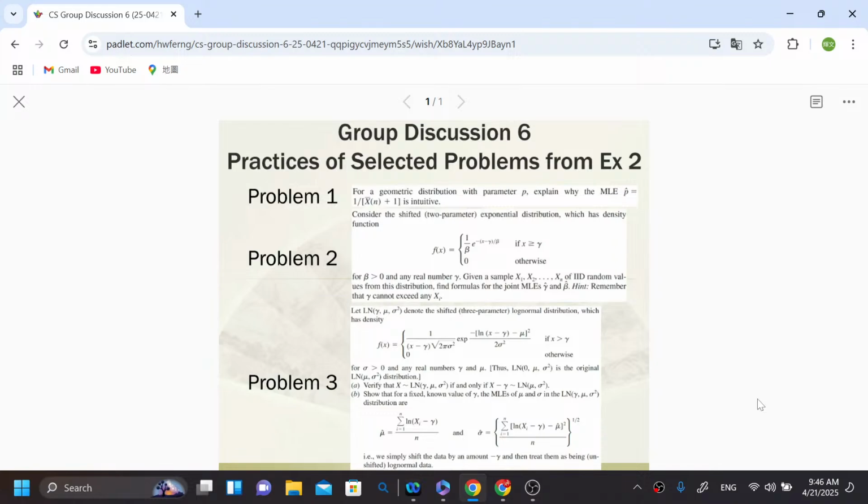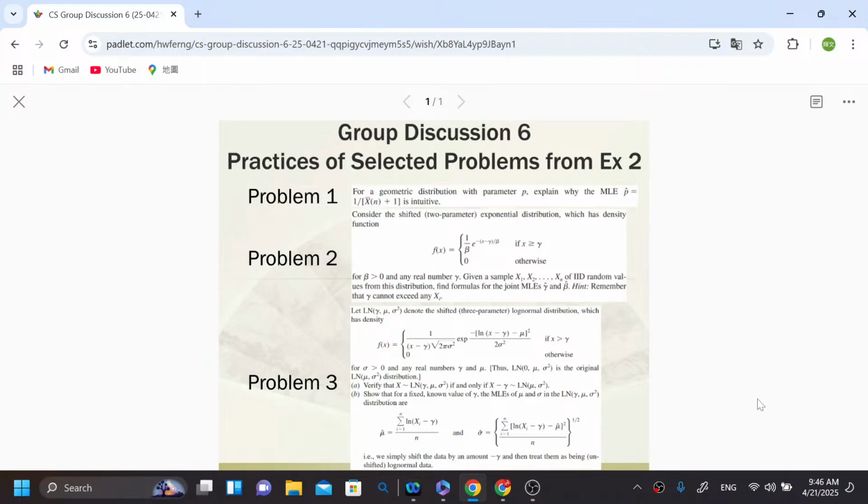Alright, so let me make sure for each group: any possible solution to one of the problems for group 1, yes or no? Ready or not ready, anyone? Problem 1? Okay, maybe.